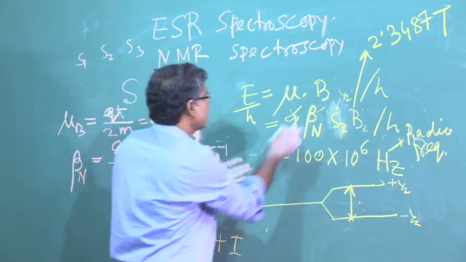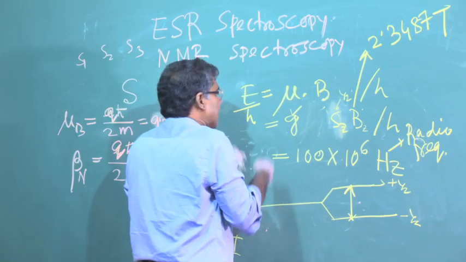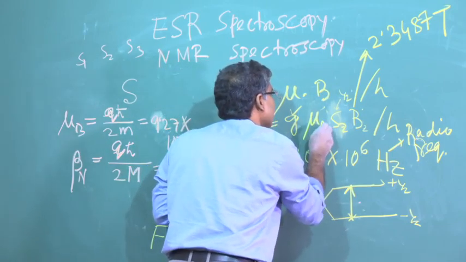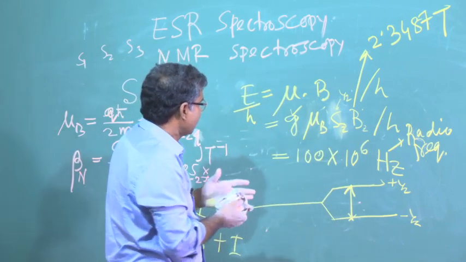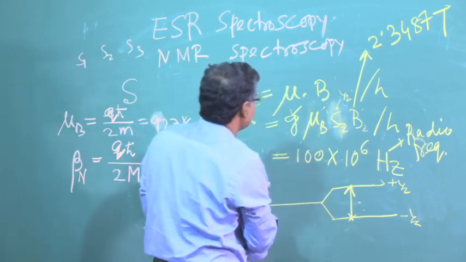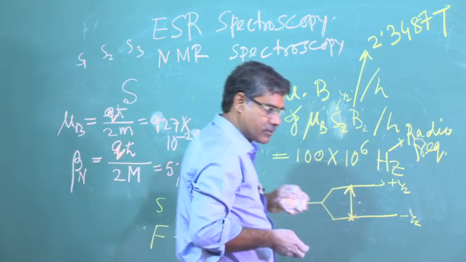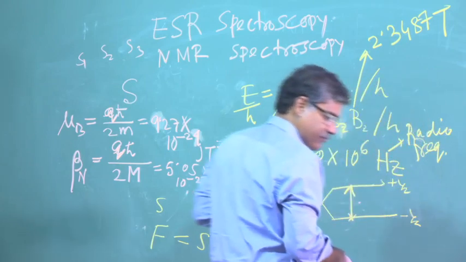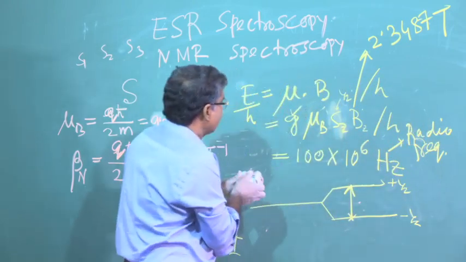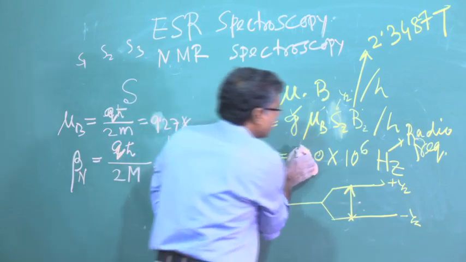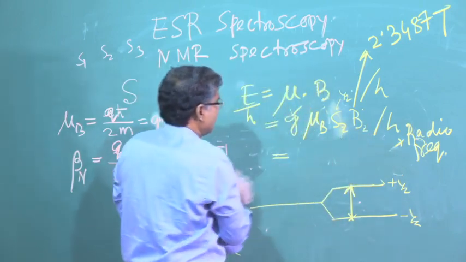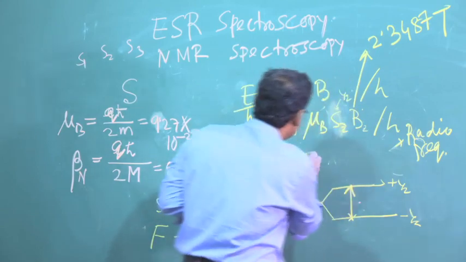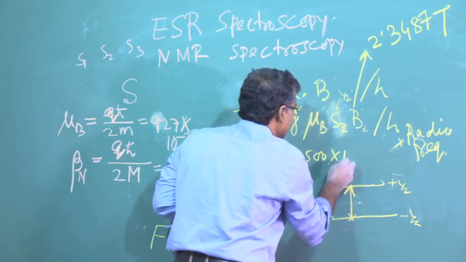Similarly, if I consider the electron spin with mu B, then this value comes to around 9500 into 10 to the power 6.